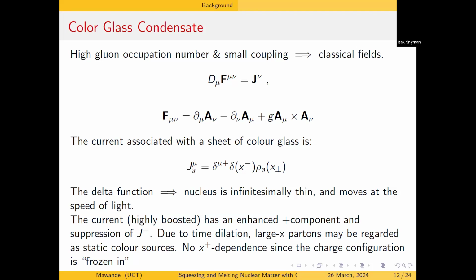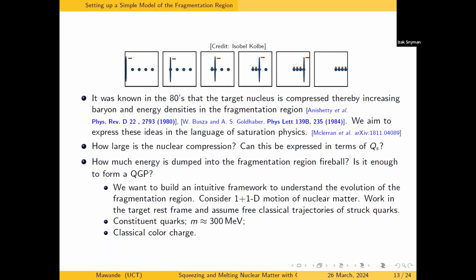But this will be enhanced in whatever gauge I choose, except for the one pathological gauge where I choose my field so that the plus component is 0. Then you get the same physics happening, but the information is shoved into the transverse component.